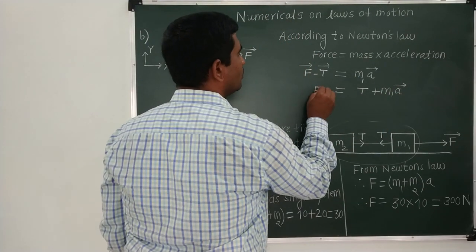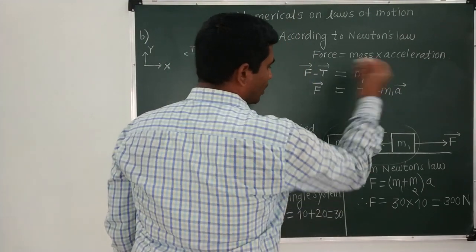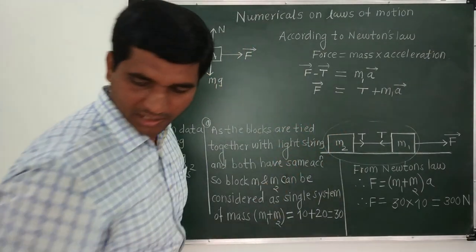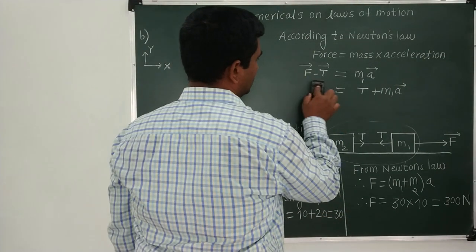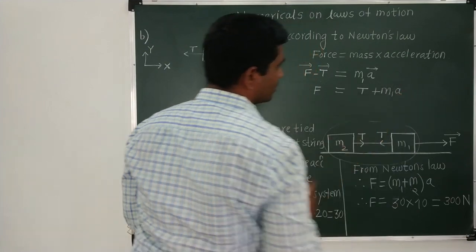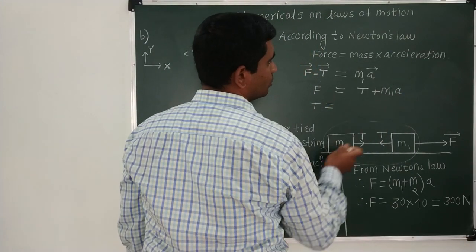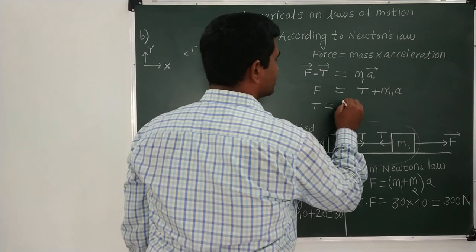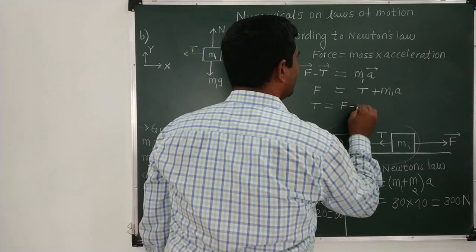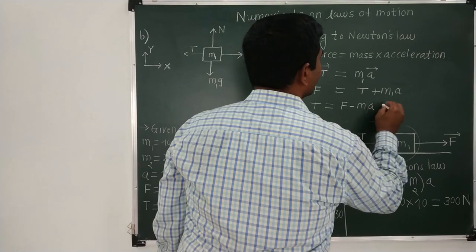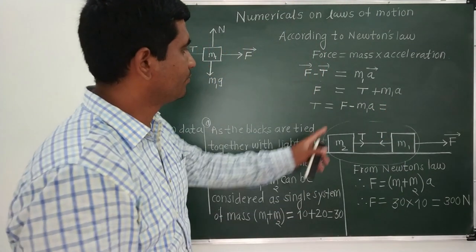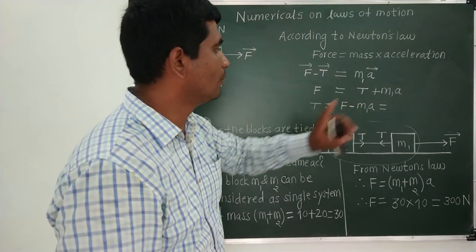On this side I will have F vector. Now I will just consider the magnitude; there is no need to write the vector components. Now write this equation. T is equal to, if I transfer this M1A to this side, F minus M1A.